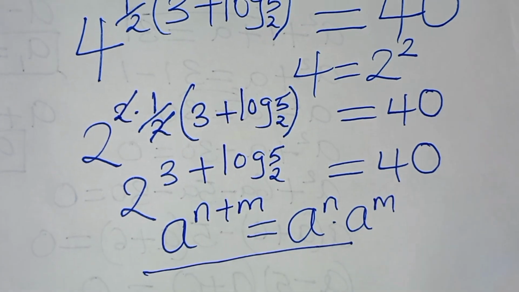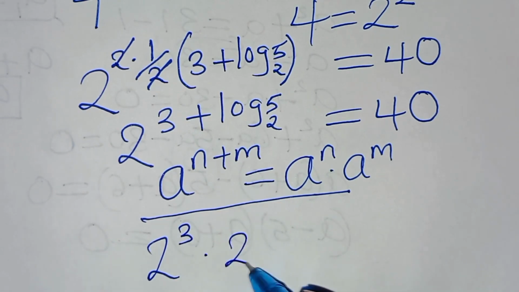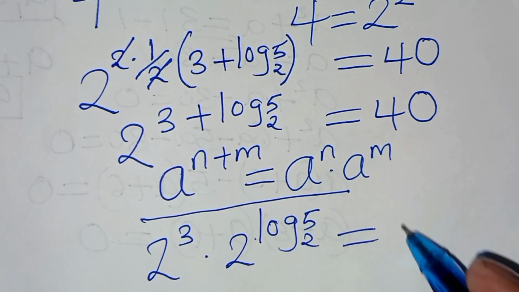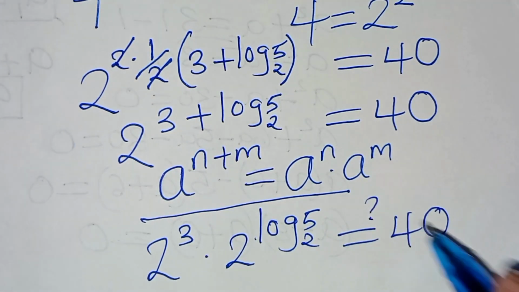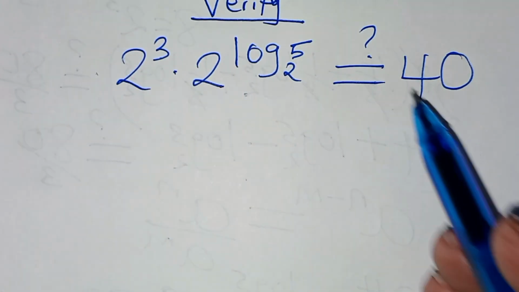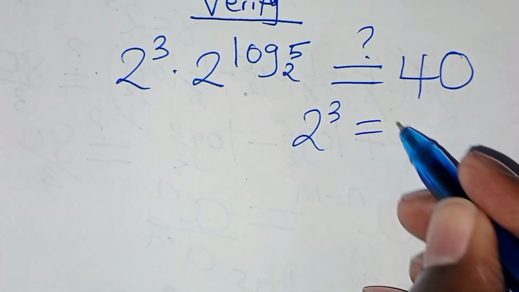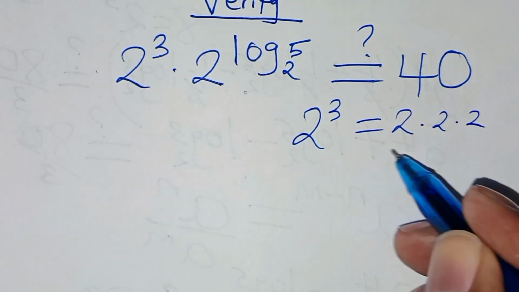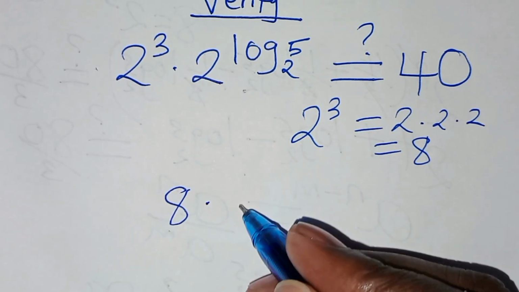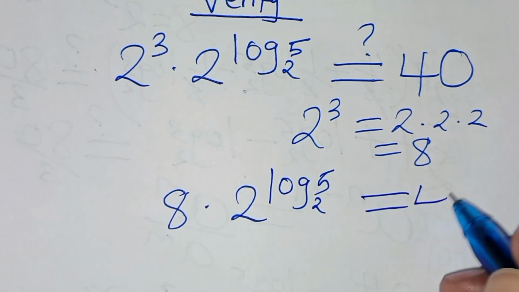Let's apply this exponent property so that here we'll have 2 to power 3 times 2 to power log 5 to base 2. So 2 to power 3, this is the same thing as 2 times 2 times 2, which is equal to 8. So here we have 8 multiplied by 2 to power log 5 to base 2. This should give us a value of 40.